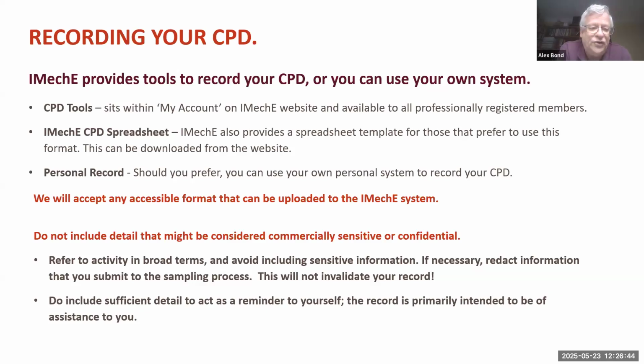You should be able to refer to any activity that you're doing in sufficiently broad terms that it doesn't breach any commercial or security information. If you need to, you're free to redact information that you submit, as long as there's enough to give us the sense that you're doing some CPD and it is leading to you learning. That's all we need to know.